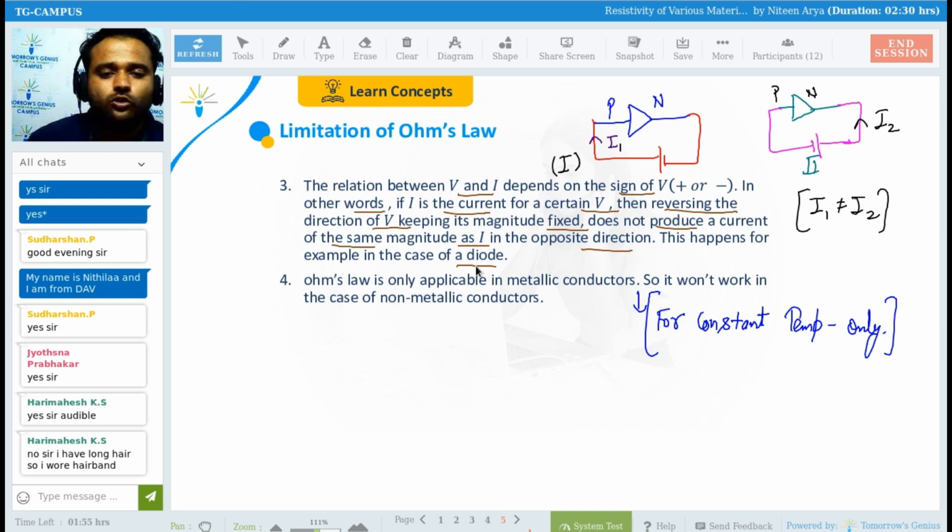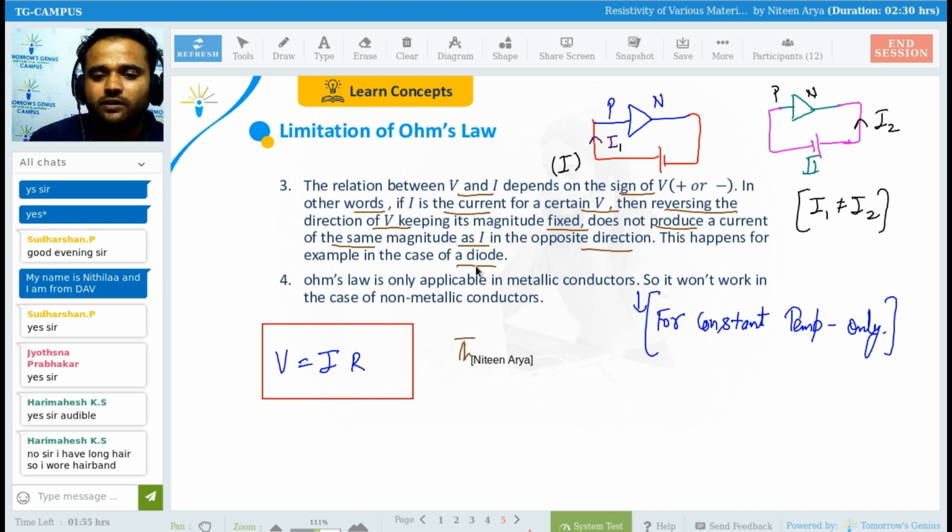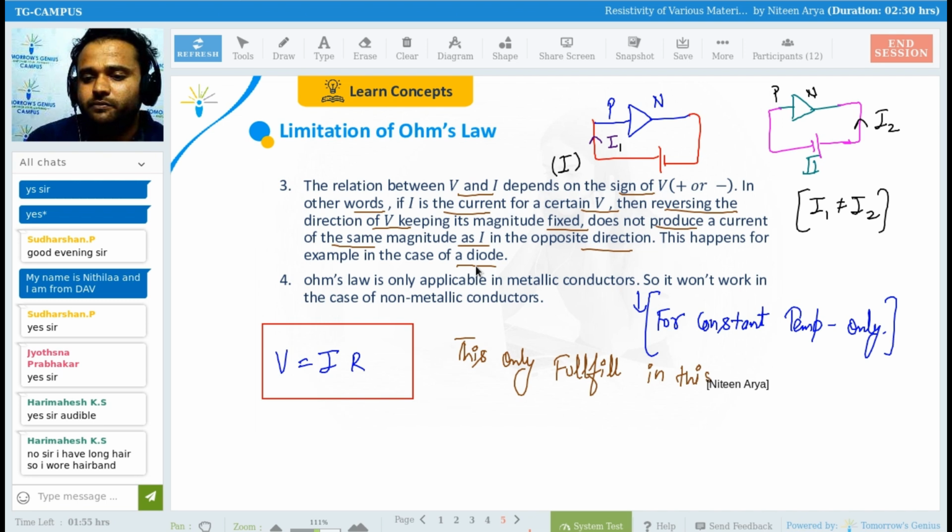So in that particular case also, V equals IR, that is your Ohm's law, is not going to be fulfilled. This is only fulfilled in this assumption. Which assumption? The above assumption.